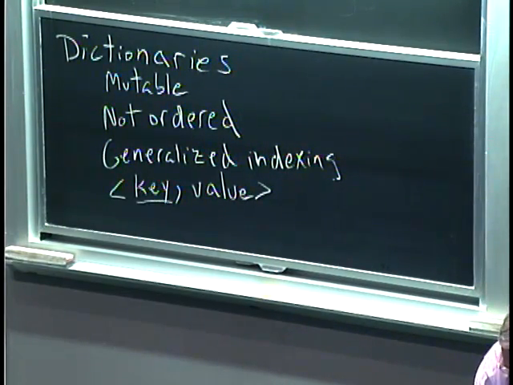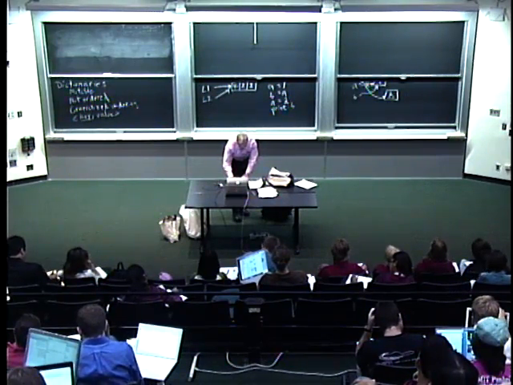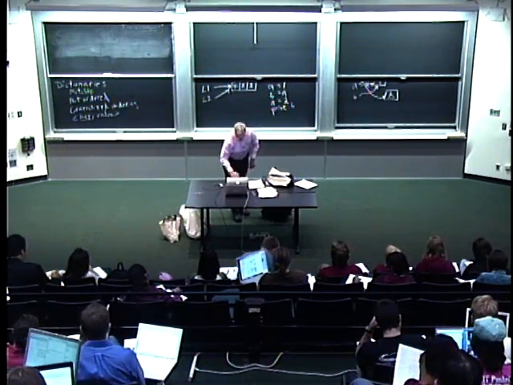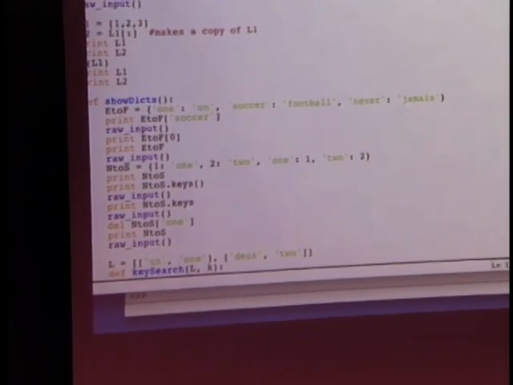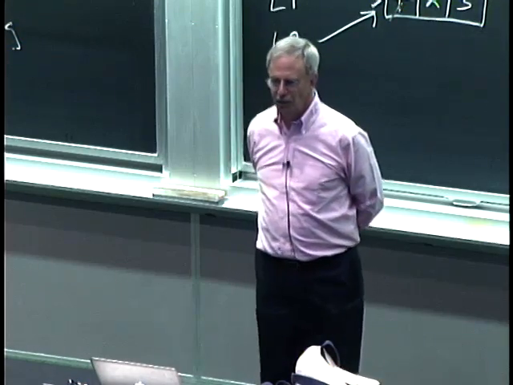So we can have an example. Let's look at it. If you look at the function showDix here, you'll see I declare a variable called e to f. Think of that as English to French. And I've defined the dictionary to do translations. So we see that the key 1 corresponds to the value 1.